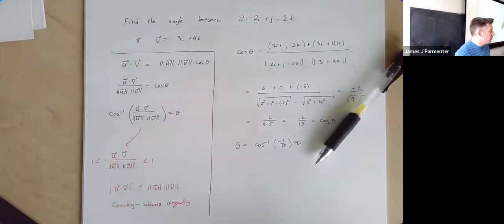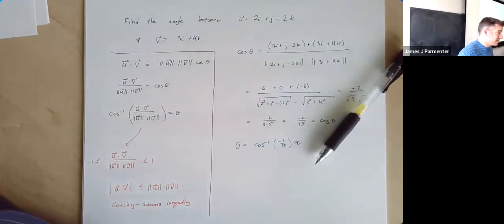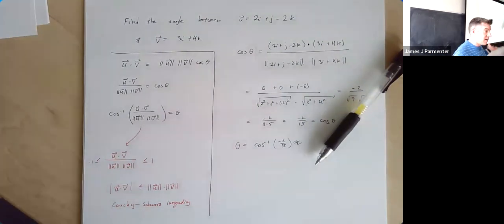Getting 1.7, which means what? It means my calculator is probably in radians, right? Because 1.7 degrees is not in the second quadrant.